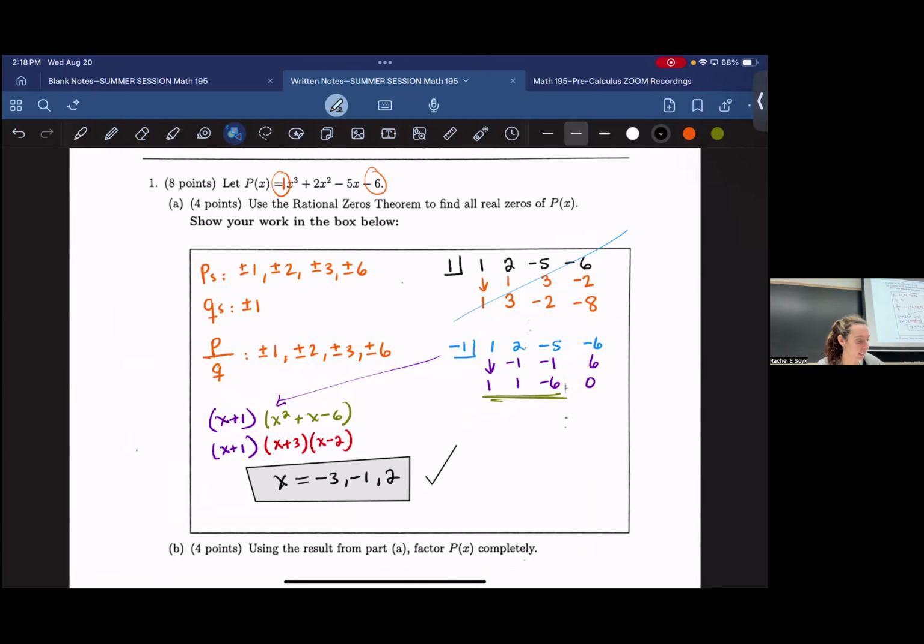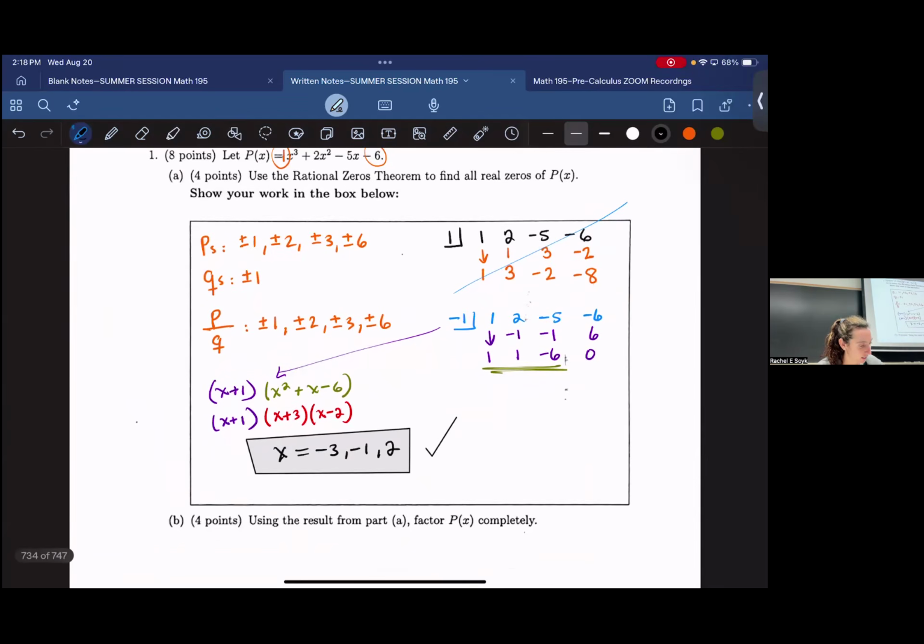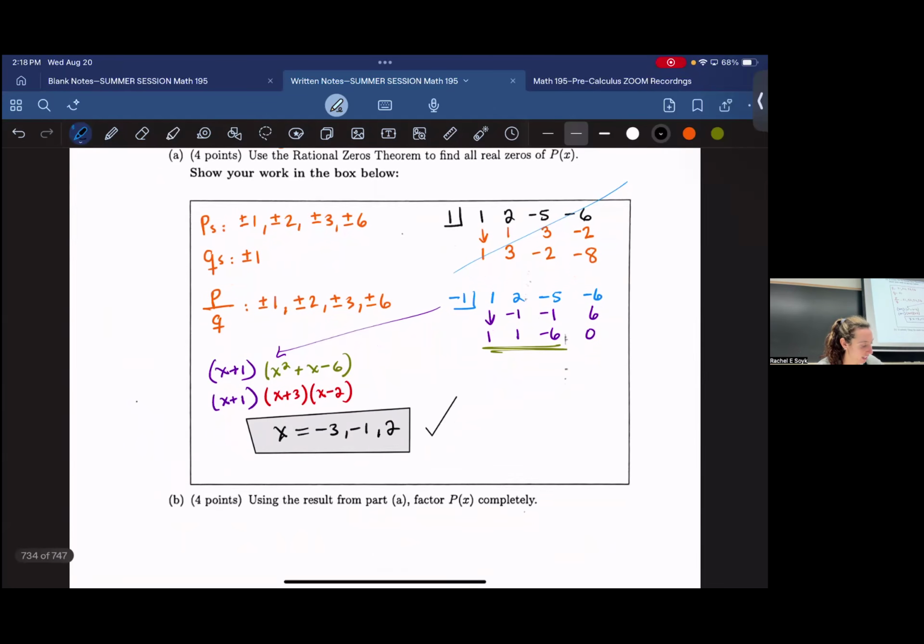Kind of did everything in part A, because part B was saying using the result from part A, factor P of X completely.